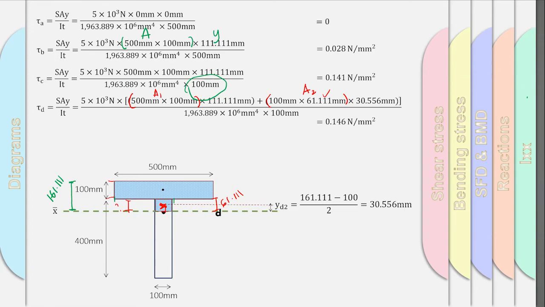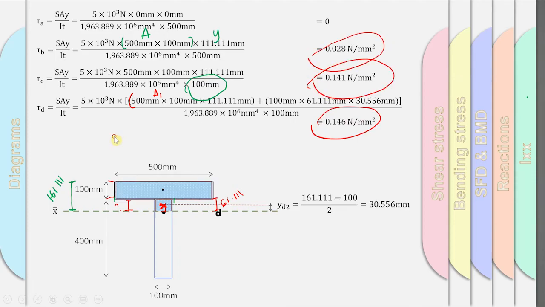Itu cara dia. And then you calculate everything, you will get 0.146. Okay. Kat sini kalau you tengok tak ada lagi simetri value yang lebih kurang sama sebab point kita tak simetri.